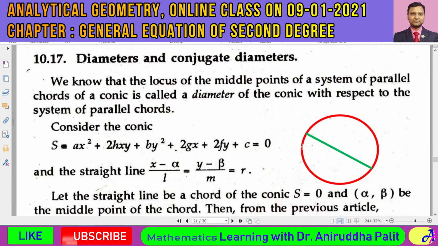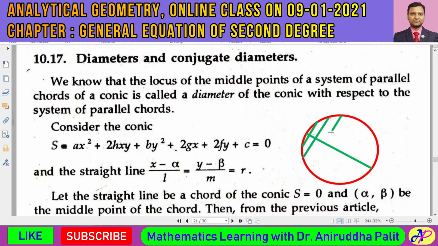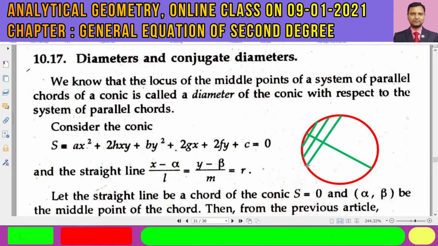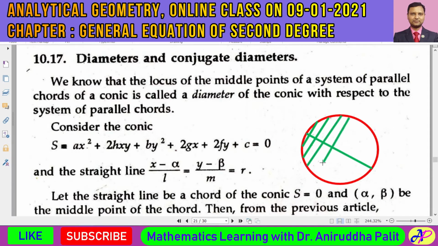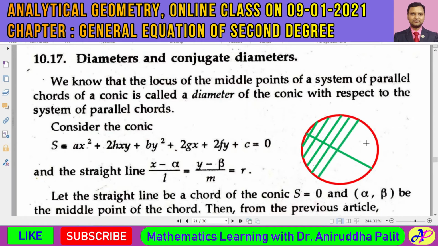If you draw chords like this, all parallel chords, then this diameter line always bisects all these parallel chords.